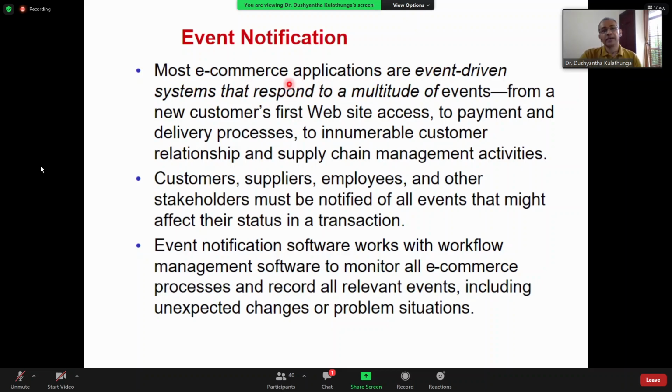So here it says these applications respond to different types of events. Some examples are highlighted here. We will take a couple of examples. The first one is a new customer's first website access. Now, if a new customer comes to the website, that's an important event for a particular organization.